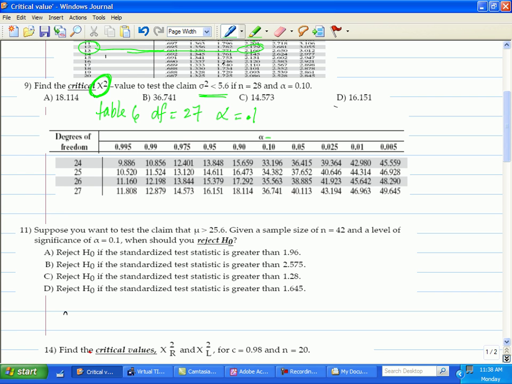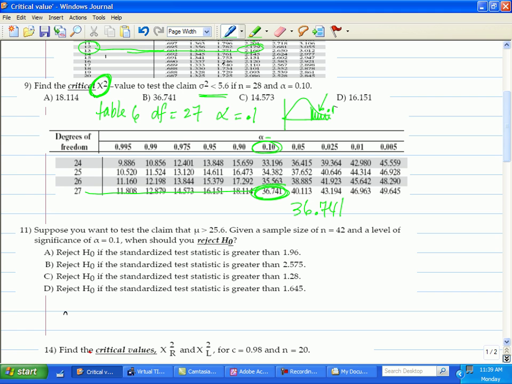Over here it indicates a left tail, so we don't have to worry about it because it's highlighted for me that this area right here is 0.1. So I go to 0.1 right here, and the degree of freedom is 27, and I read the one in the intersection, which will be 36.741. That's the critical value, which is a chi value for table number 6.